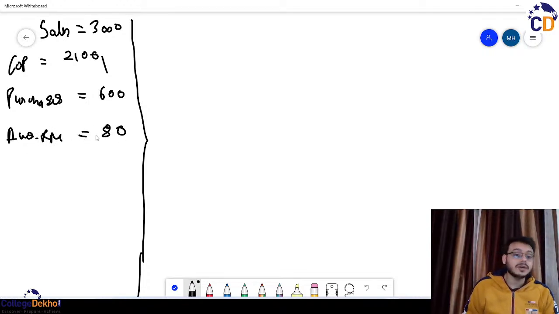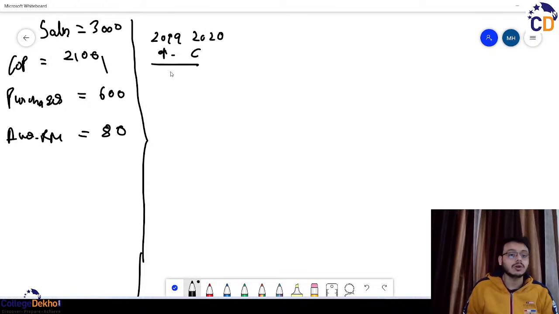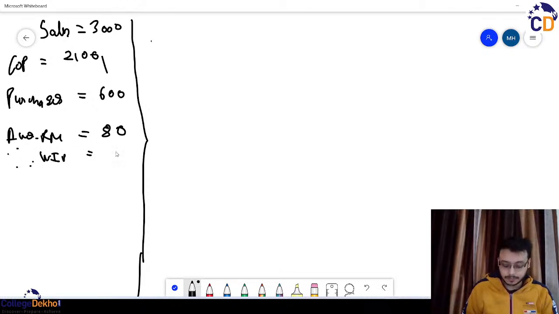But average raw material is nothing but your opening raw material plus the closing raw material, divided by two. Suppose the raw material of 2019 is given and of 2020 is given. So this is your opening and this is your closing. And you will take the average of these two. And the same will go on for the work in progress, for finished goods, debtors and creditors. Okay? The process remains the same as we did in inventory. Then your average work in progress has been given as 85.